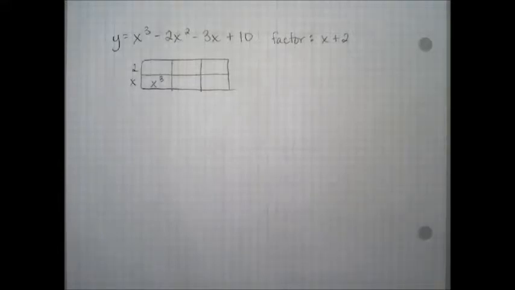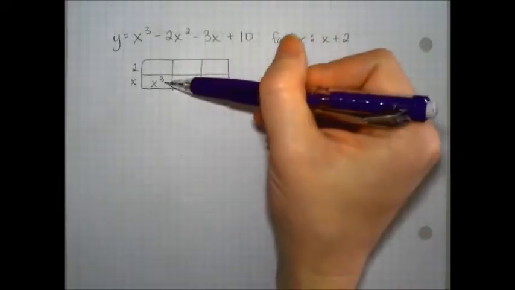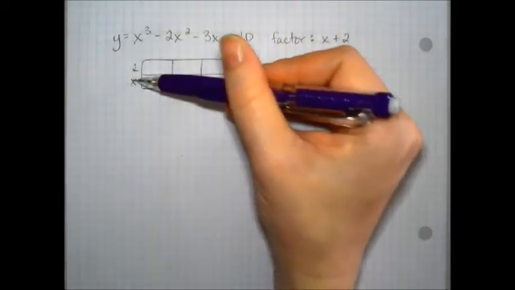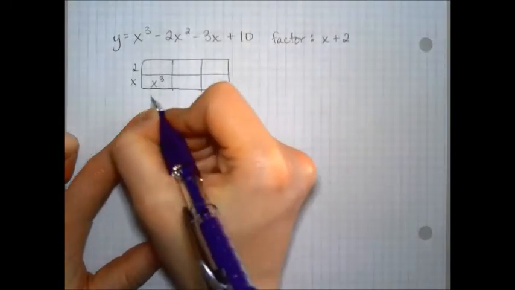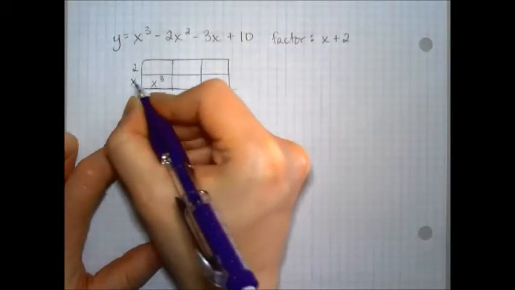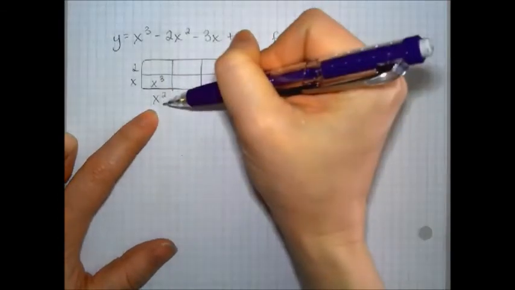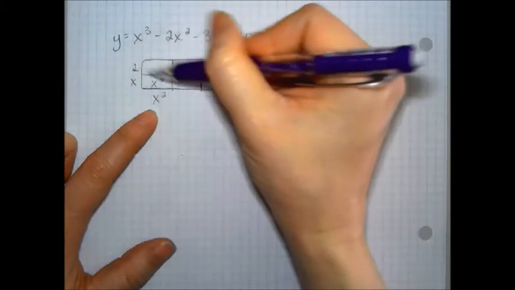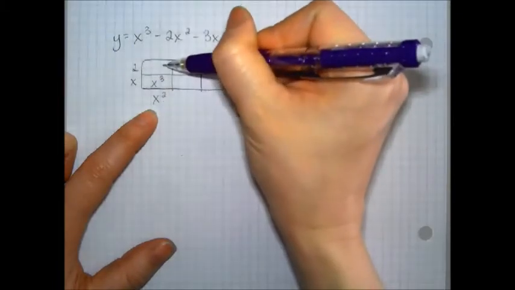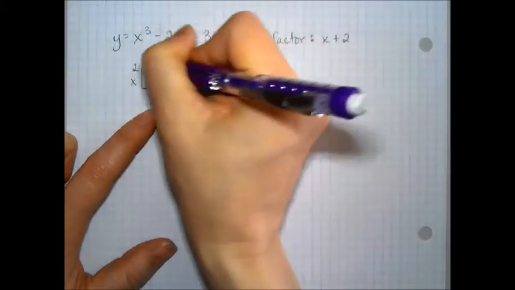Okay, so, because I know this is x to the third, and I know this is x, this term right here has to be what? X squared, because x squared times x gives me x to the third. Then I also know, because I know this is 2 and this is x squared, what is this? 2x squared.